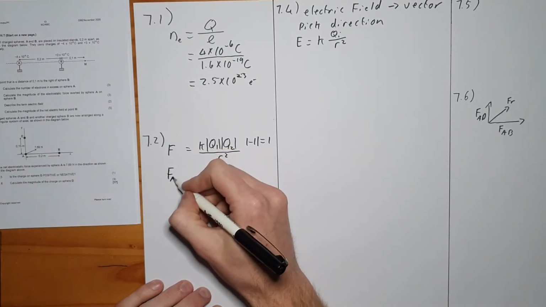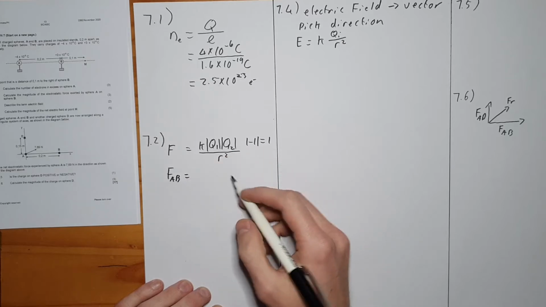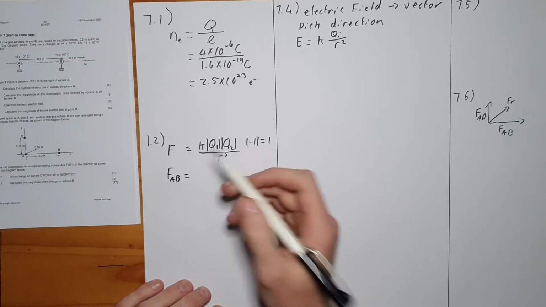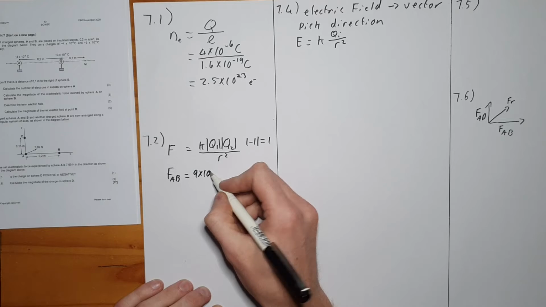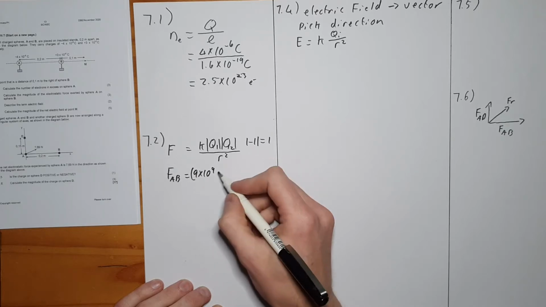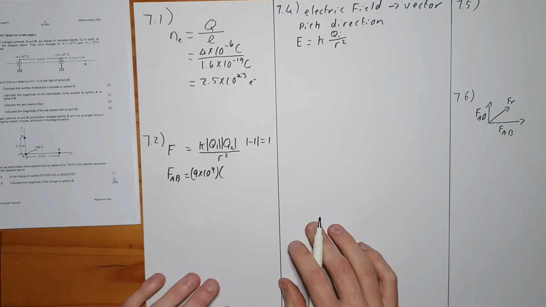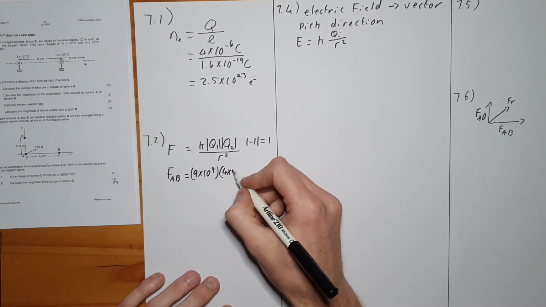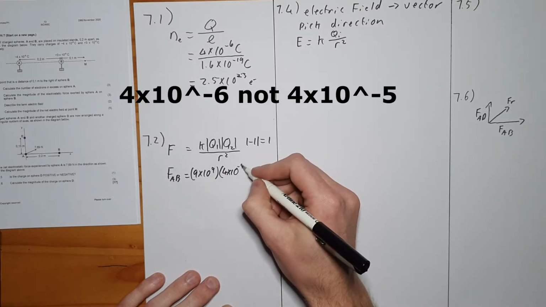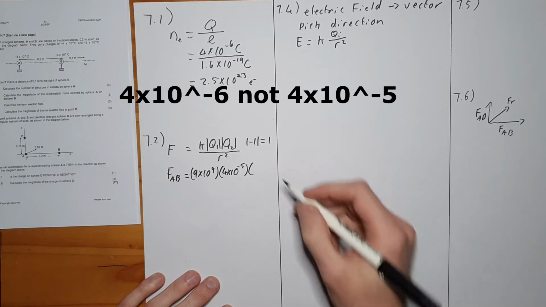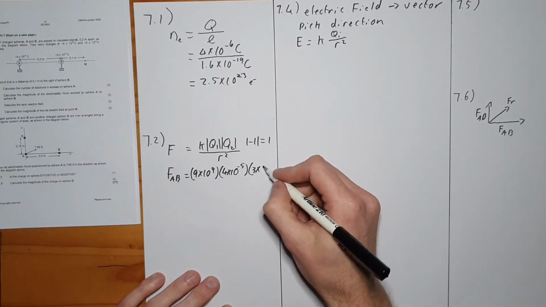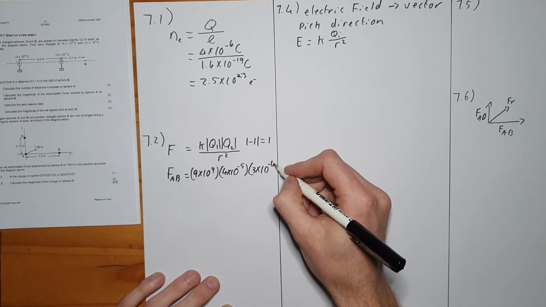So the force of AB is going to be our constant, 9 times 10 to the 9. Then for A we have 4 times 10 to the -5, and for B we have a charge of 3 times 10 to the -6.